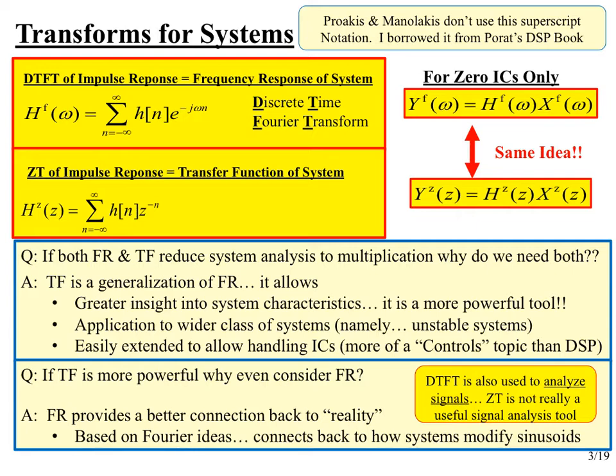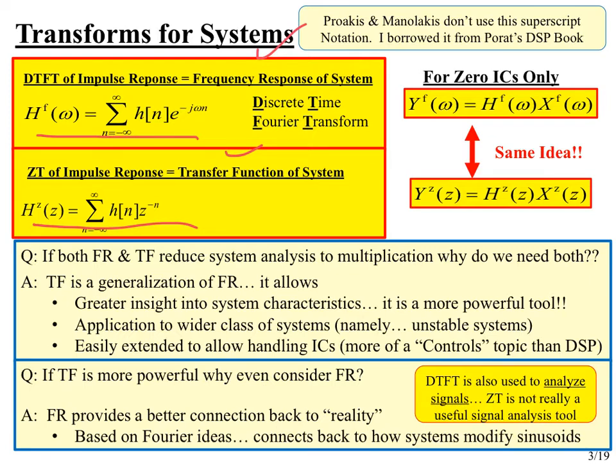So we've got the frequency response of a system, which is nothing more than the DTFT of the impulse response, which is what I'm showing here. And we've got the Z-transform, which gives us the transfer function of the system, which is nothing more than the Z-transform of the impulse response.